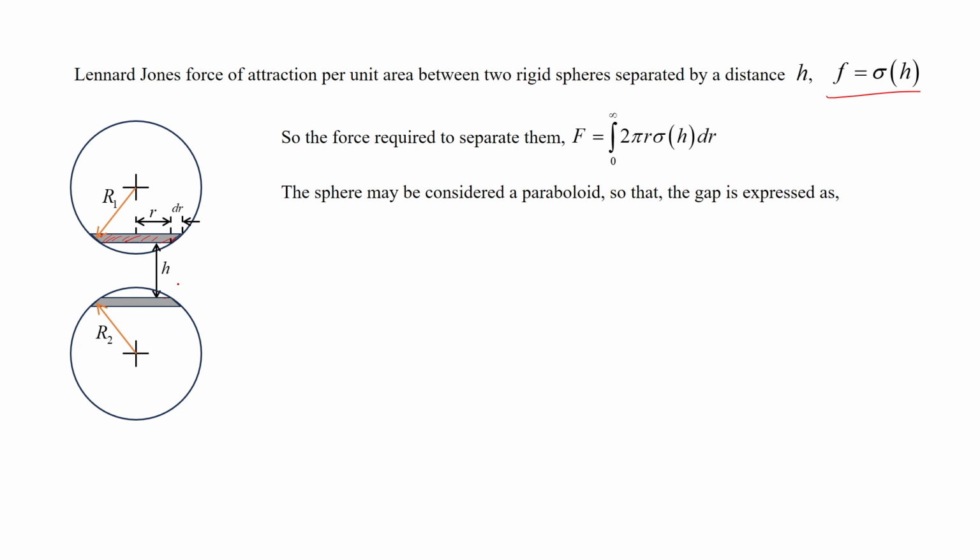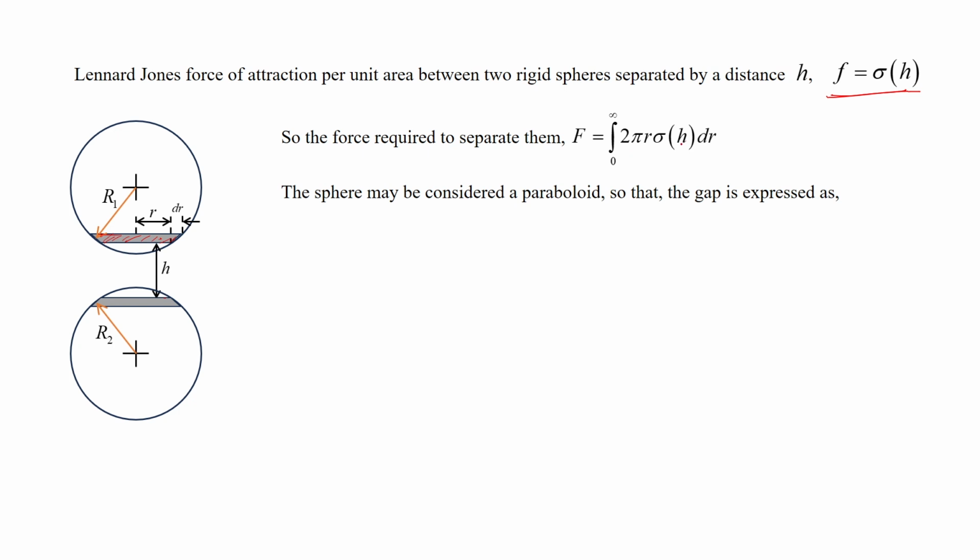The force between them is given by this function sigma of h. So what is the total force that acts between these strips? This is a ring actually, so the area of that ring will be 2 pi r into dr.